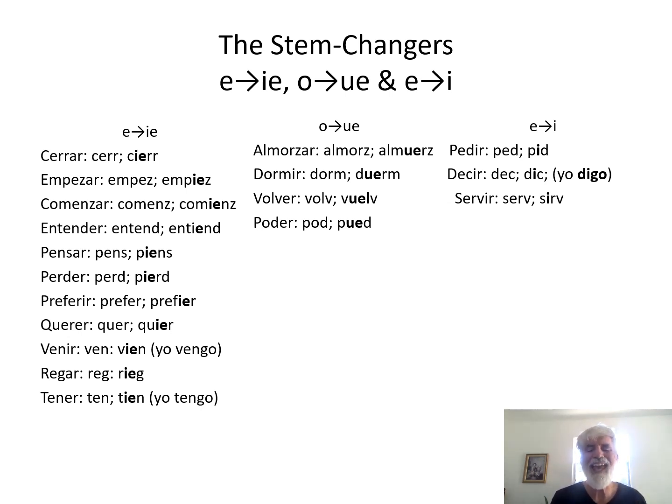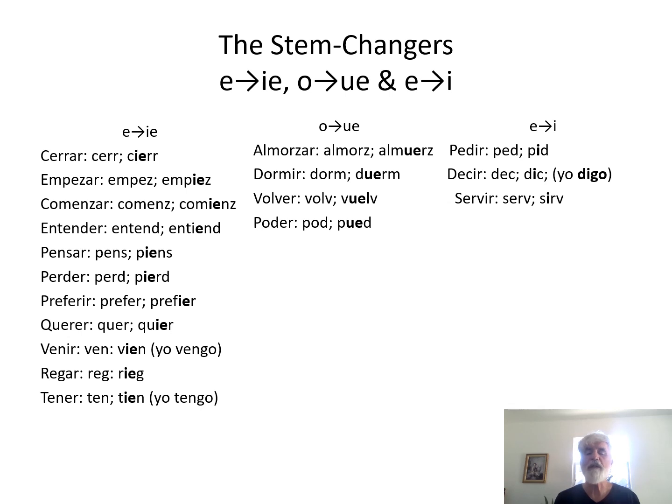Finally, what about the ellos form? Ellos, ustedes form. There is always a stem change. So it would be ellos cierran. So again, this is vitally important. Stem changing verbs have two stems: the original stem by dropping the AR, ER, IR, and the second stem by changing the E to IE, the O to UE, or the E to I. The second stem is the most important stem when you're conjugating.